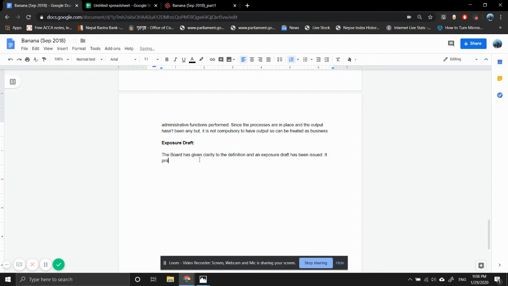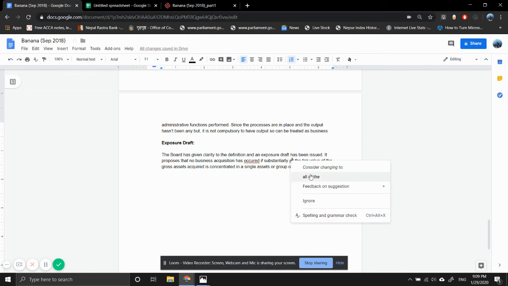It proposes that no business acquisition has occurred if substantially all the fair value of the gross assets acquired is concentrated in a single asset or group of similar assets. So this is the exposure draft.